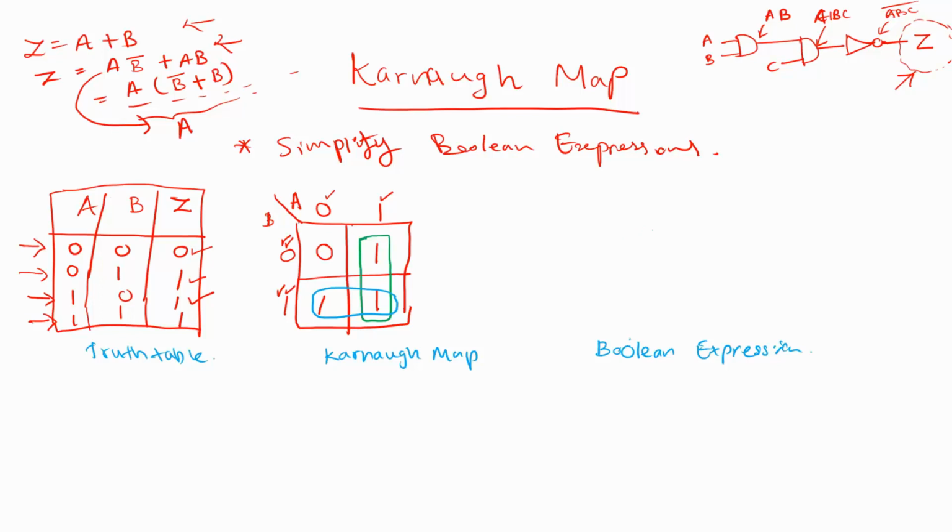Right? So at this point, we will have a simplified version of Boolean expression. What we have here, how we consider that is, we have to think of whatever the circles we have already created.